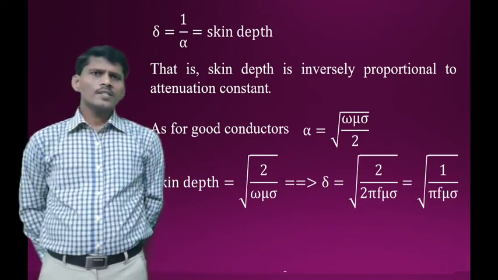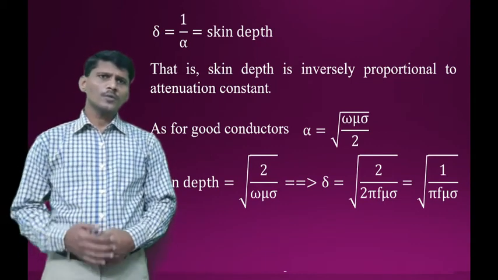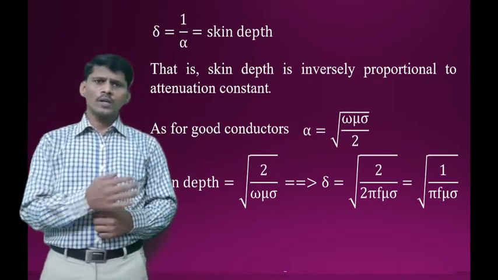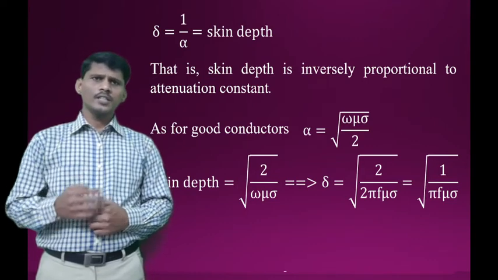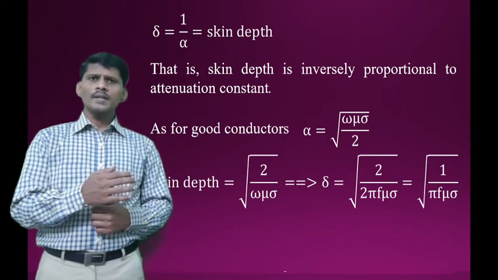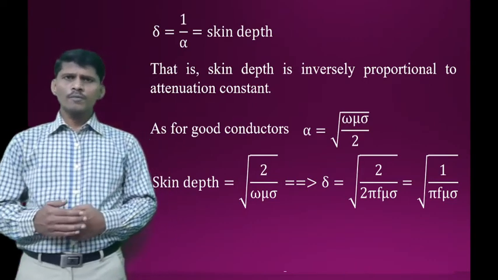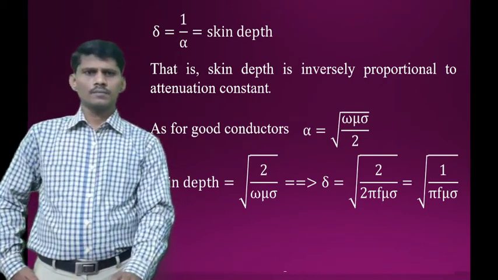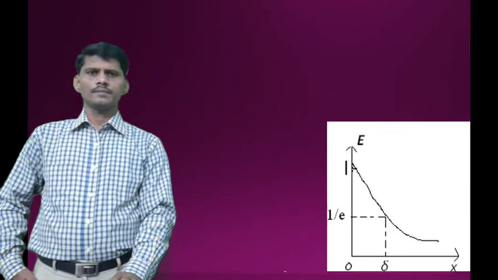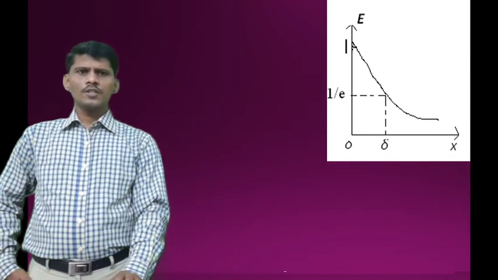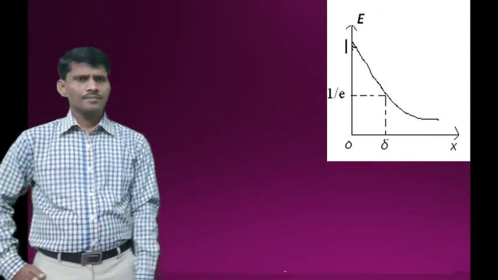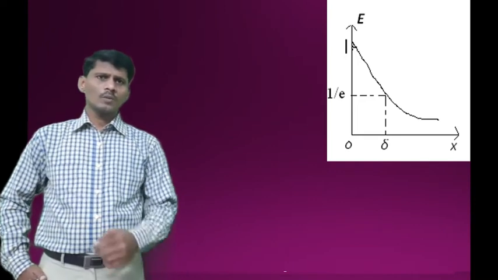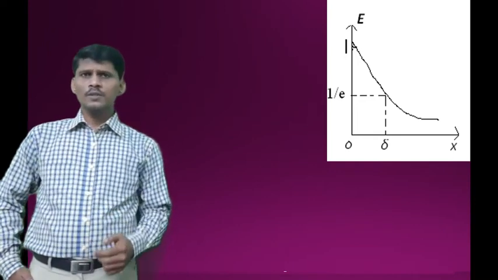But omega is equal to 2 pi f. After substituting omega equal to 2 pi f, we have skin depth del equal to 1 by square root of pi f mu sigma. So this is the graphical representation. The definition is 1 by e or 37% of the final value.